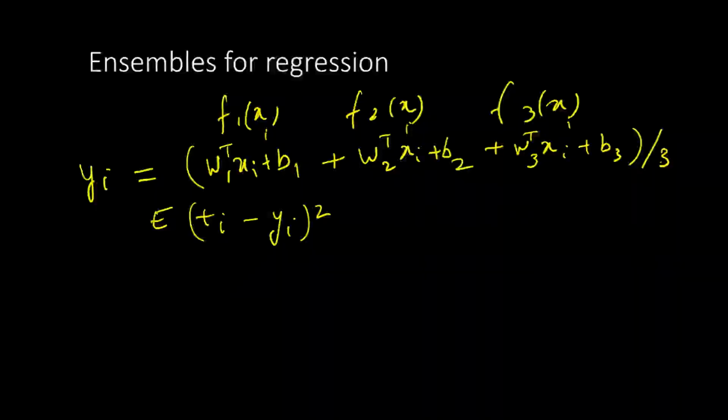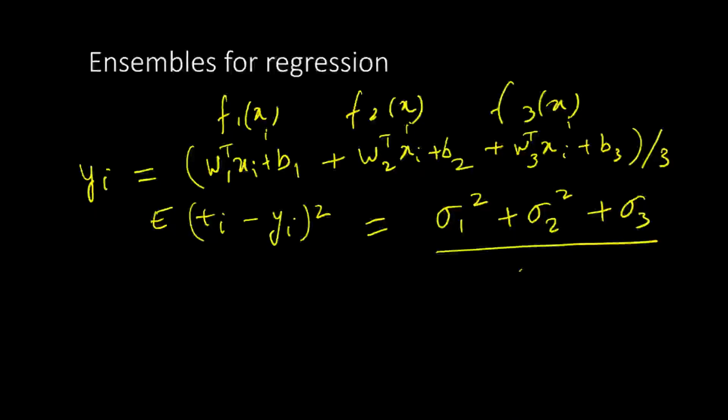So what is this expected value? It turns out that we will have sigma 1 squared plus sigma 2 squared plus sigma 3 squared, not divided by 3 but divided by 3 squared. So what that means is that the standard deviation of the error, when I take the square root, is going to be 1 by square root of 3 times the average of the three different constituents. So what is this sigma 1?